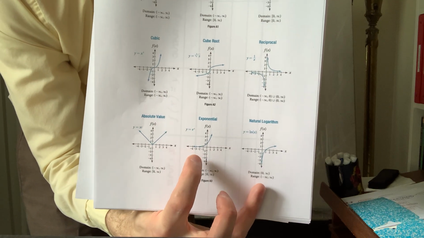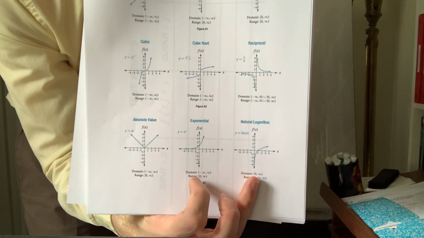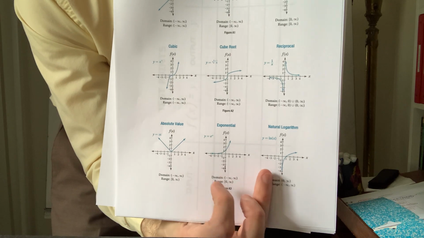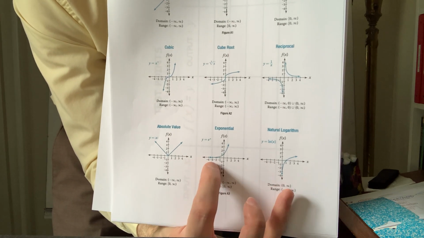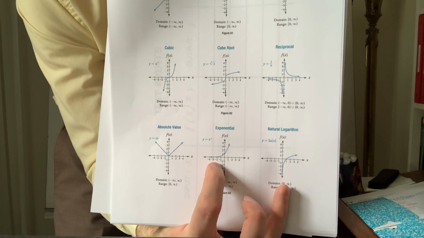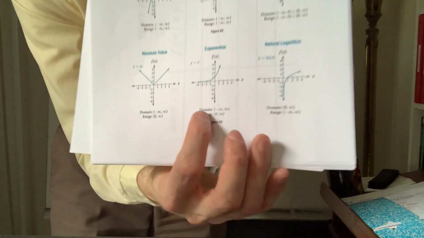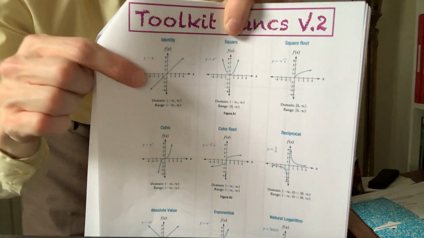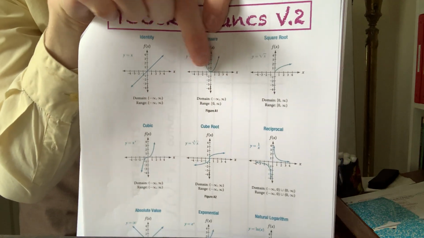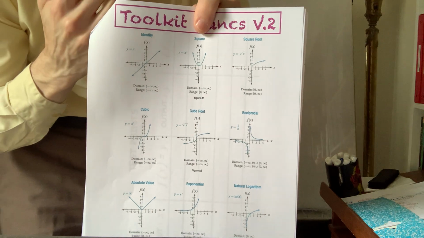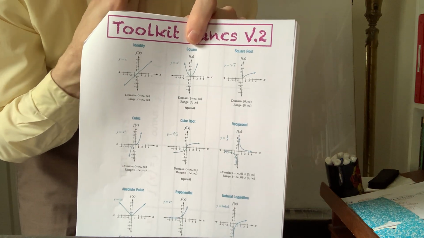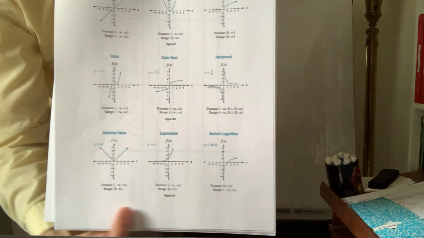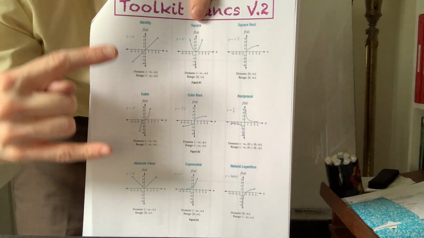Any exponential and logarithmic function doesn't have to be base e and natural log per se, it will basically emulate this shape. And what's very interesting here, just like the other graphs, is to pay attention to whether, if they don't go through the origin, they might at least go through (1, 1) or (-1, -1), something like that. So it's good to pay attention to this for the sake of comparison.